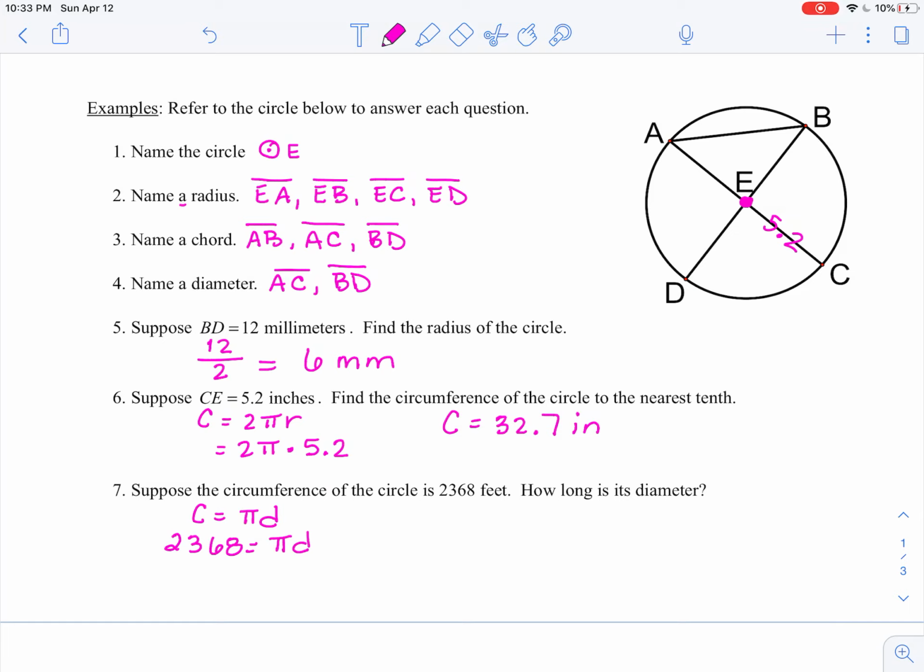To get the diameter by itself, divide both sides by pi. And if we round to the nearest tenth again, we see that the diameter is 753.8, and this is in feet.